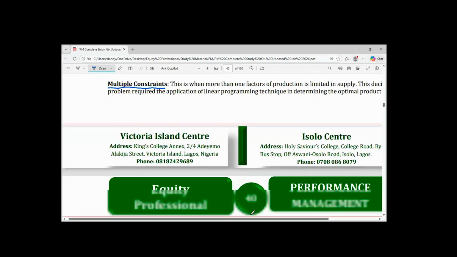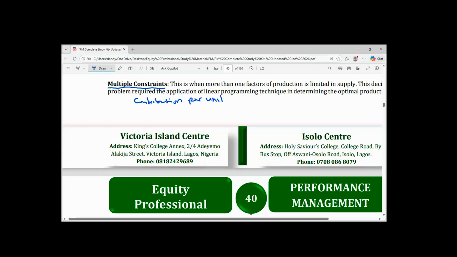How do you calculate contribution per unit? Contribution per unit can be calculated in different ways. One, you can say contribution per unit is equal to selling price minus variable cost per unit.